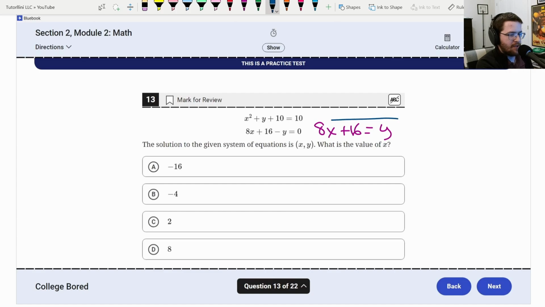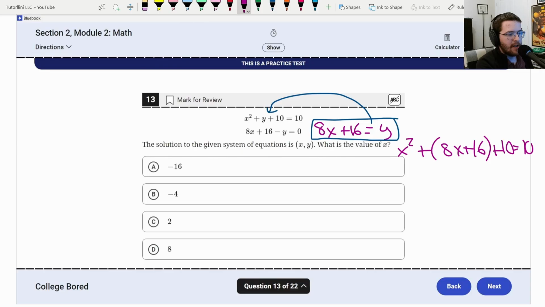Now that I have this, I can substitute into the top equation for y. So we get x squared plus 8x plus 16 plus 10 equals 10. And if I subtract 10 from both sides, and those parentheses don't really do anything, I just did that for the sake of teaching.